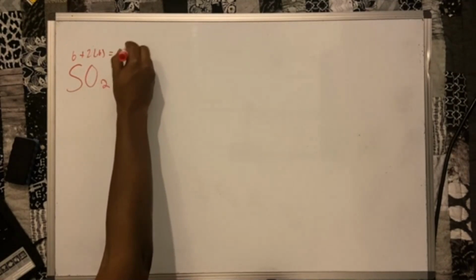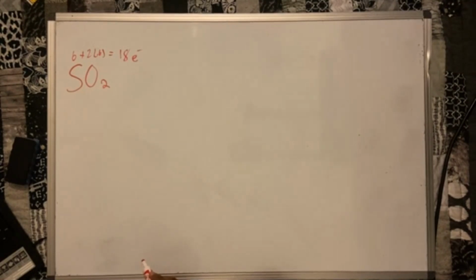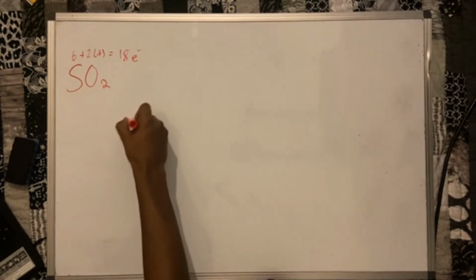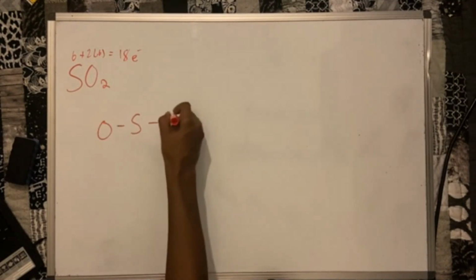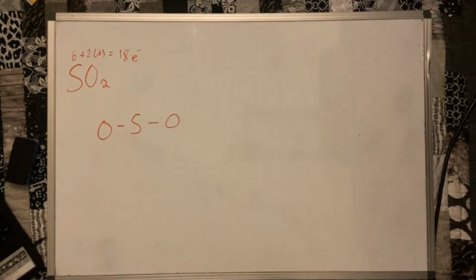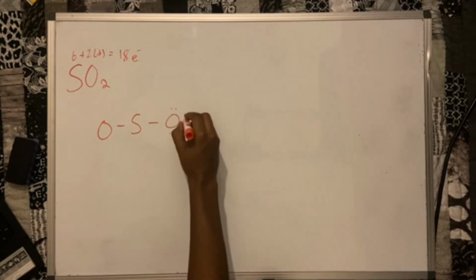That's 18 electrons total. So S and O, O. That's my guess. Which one's more electronegative? Oxygen. So I start putting my electrons on there.